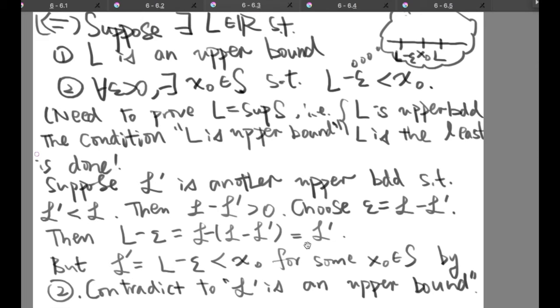But L minus epsilon is equal to L minus (L minus L prime), and after the cancellation, we get that it is equal to L prime.